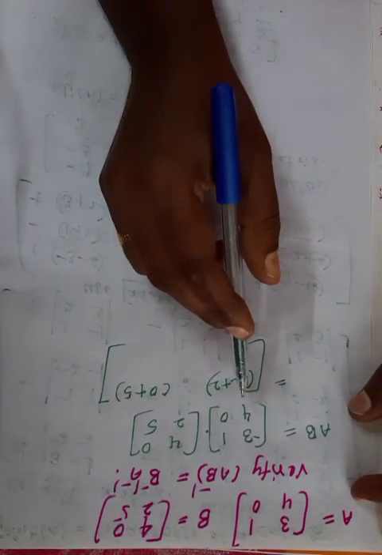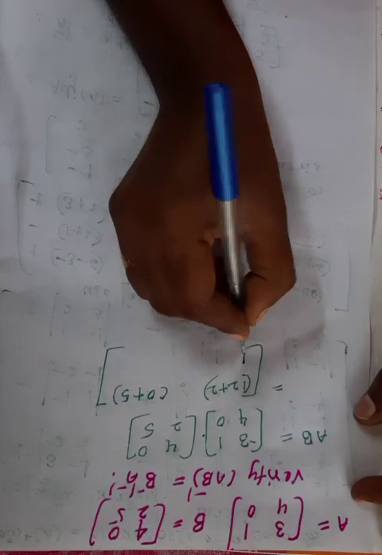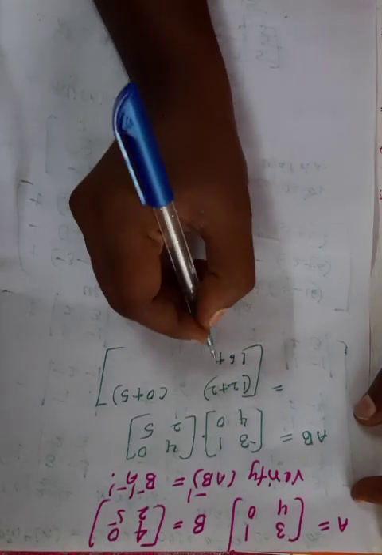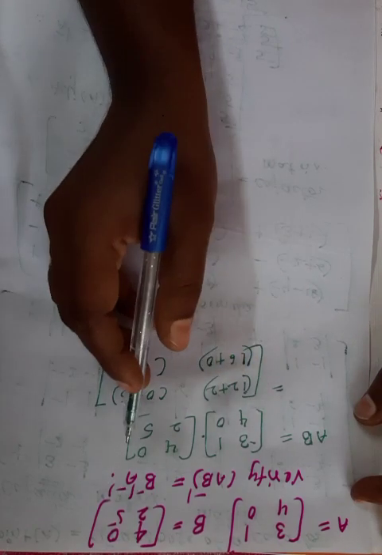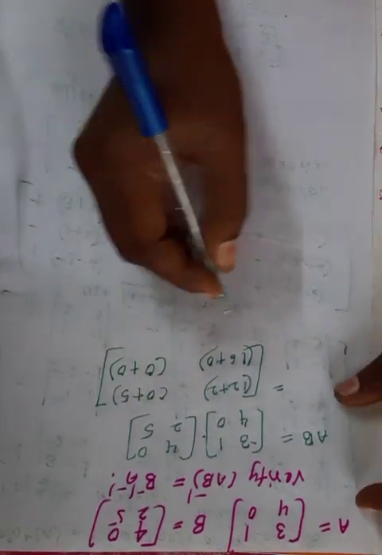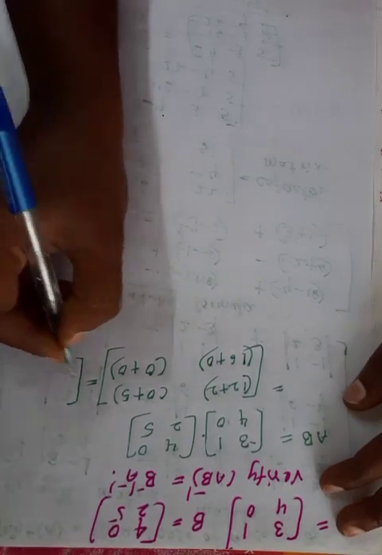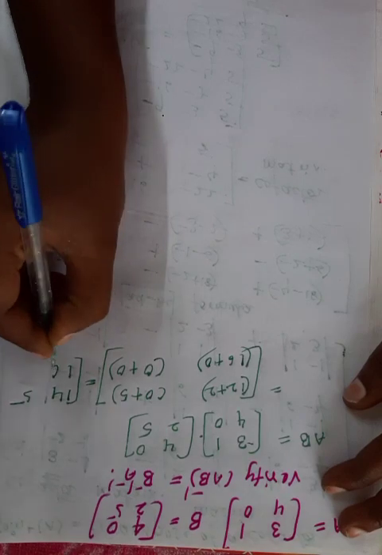Then the second row with the first column: 4 fours are 16, plus 0 twos are 0. Next, the second row with the second column: 4 into 0 is 0, plus 0 into 5 is 0 again. Therefore, it is equal to 12 plus 2 is 14, 5, 16, 0.